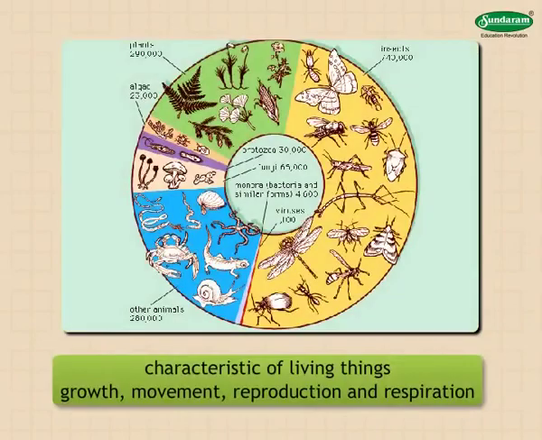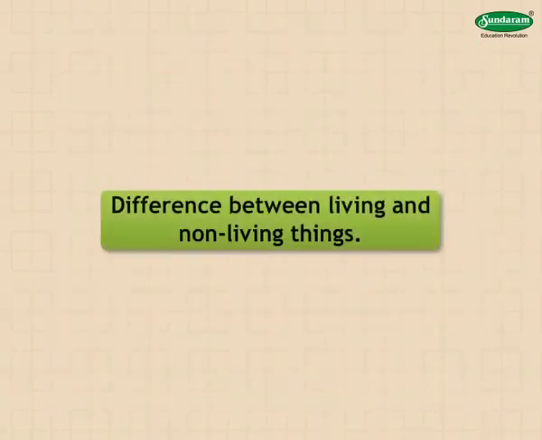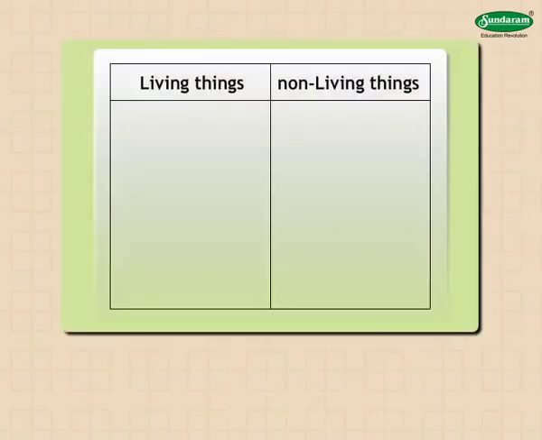Having studied the characteristics of living things such as growth, movement, reproduction, and respiration, we can now list the differences between living and non-living things. Difference between living and non-living things. Living things grow, whereas non-living things don't grow.